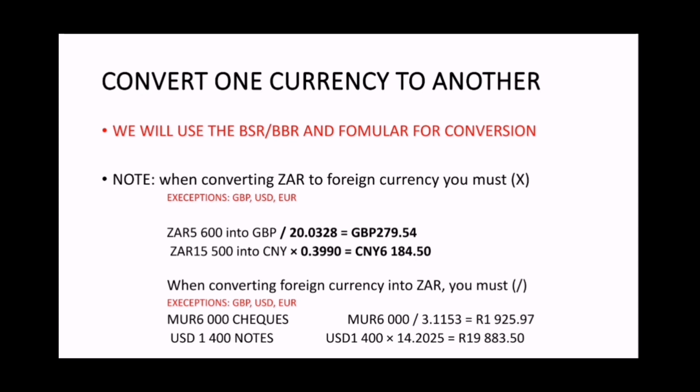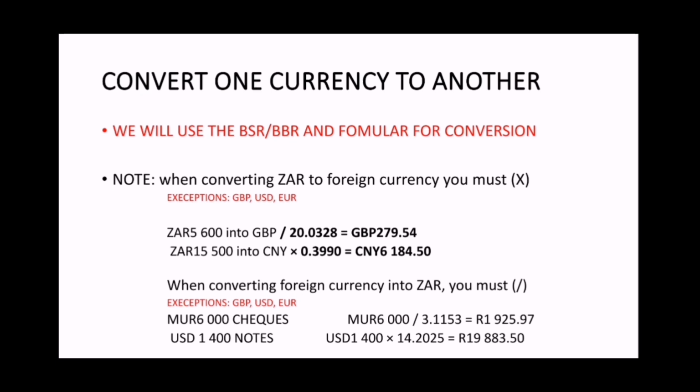Then, when converting any other foreign currency into rand, you must divide. Exceptions are your major currencies, your GBP, USD, and euro. So here, you have your Mauritian rupee, 6,000 Mauritian rupees, and it says check.